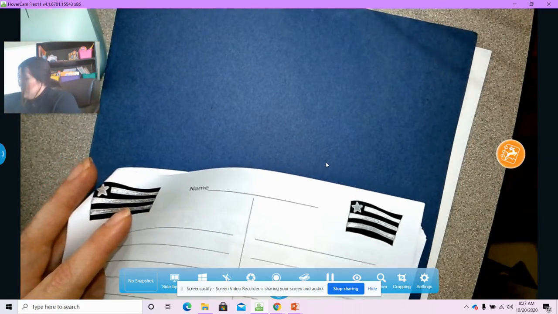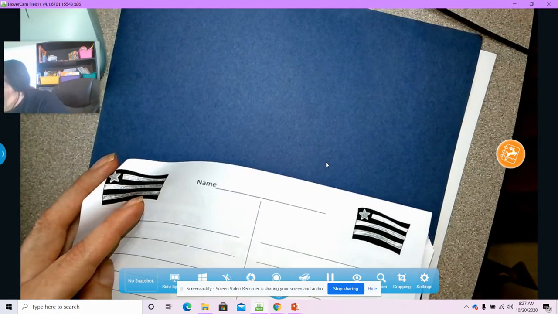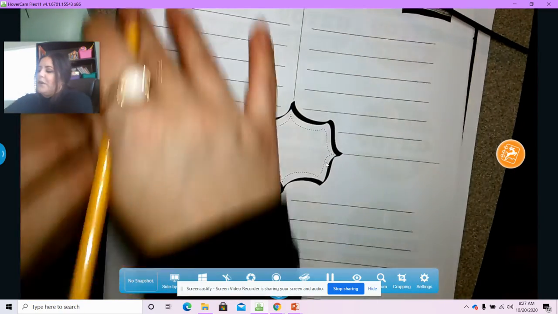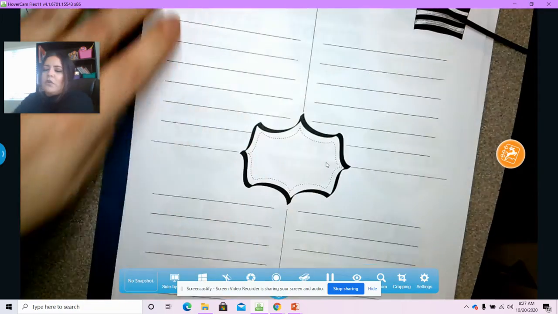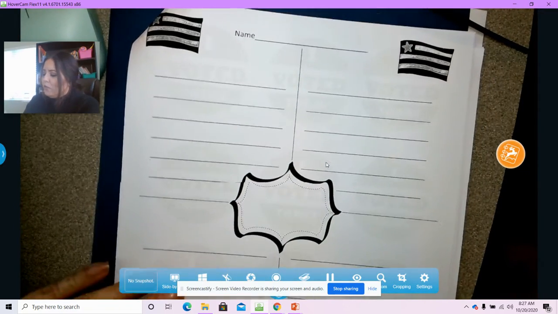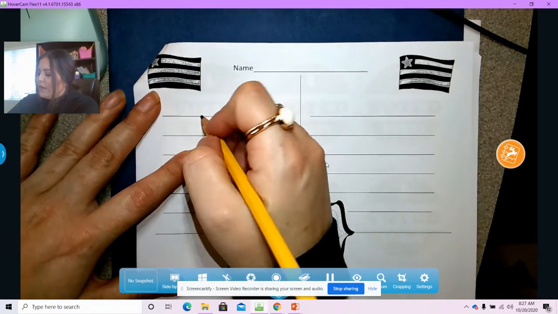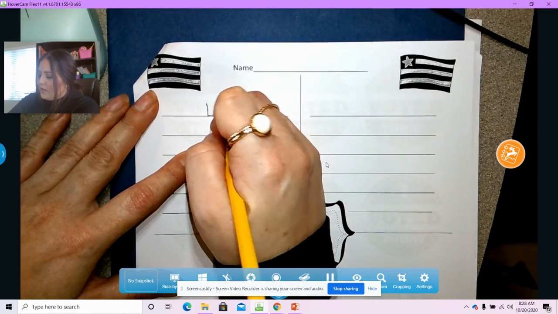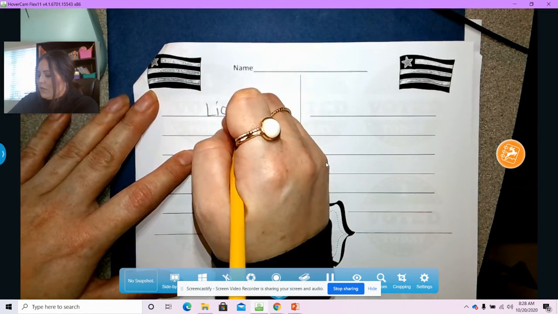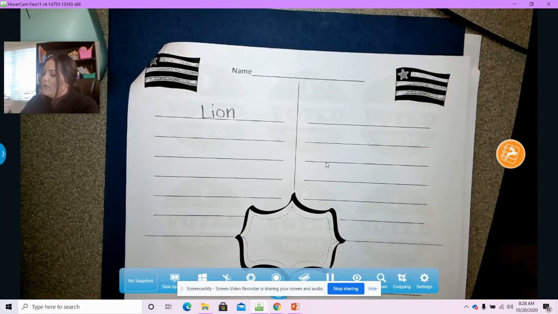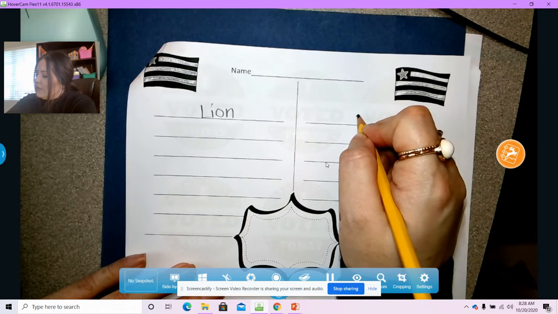And give me 1 second. You're going to find this page in your booklet, and this is going to be our notes page so that we can write down what we know about these animals. So the first one that we're going to write is the lion. Okay, and then next door to it, we will write zebra.